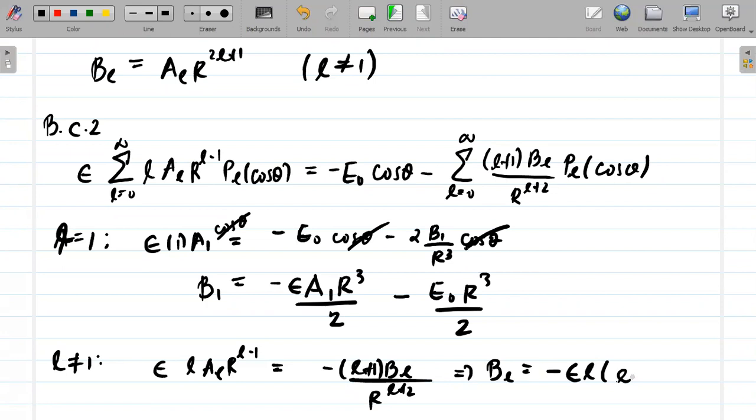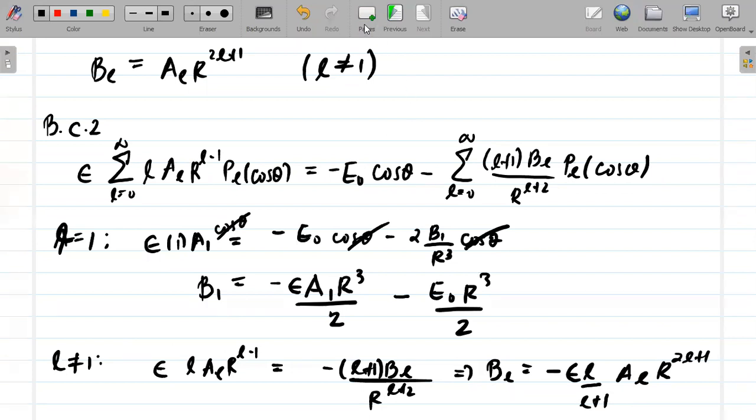Tama ba? So, B_L ay, so L over L plus 1 pala. L over L plus 1, A sub L R raised to L plus 1. This is for L not equal to 1.